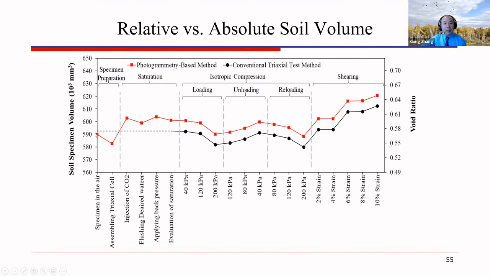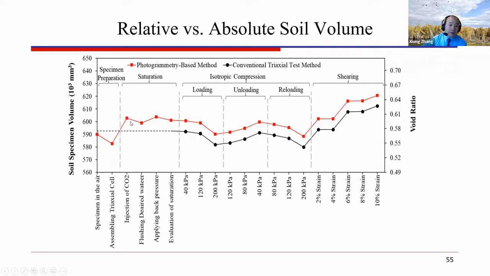So these are the measurements we obtained by the photogrammetry method. As you can see, at the very beginning, if you use the digital caliper, you already have some mistake, right? And then during the installation process, when you put it in the triaxial cell, you are disturbing the soil specimen. When you inject the carbon dioxide, the soil is swelling.